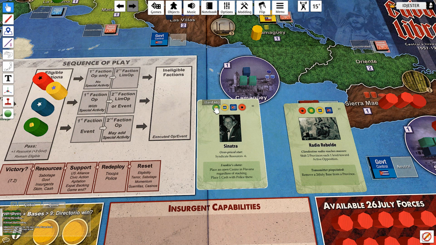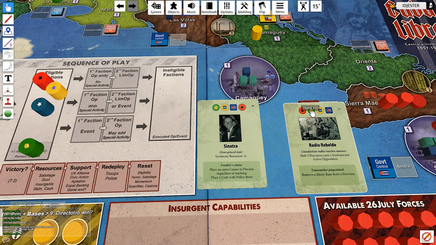If we pass this card and we look at this card, we say to ourselves, what is going to happen if we pass? If we pass, are we going to be able to get to play this event, or are we going to get a better option next time than what we currently have?